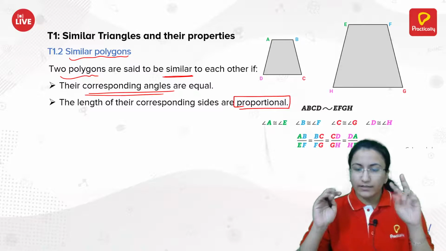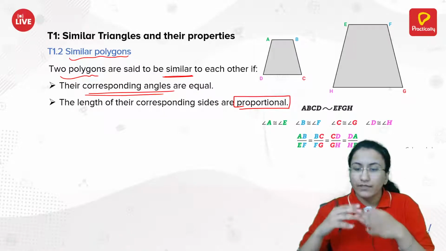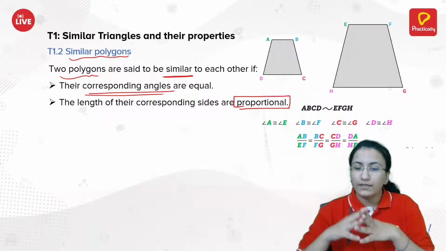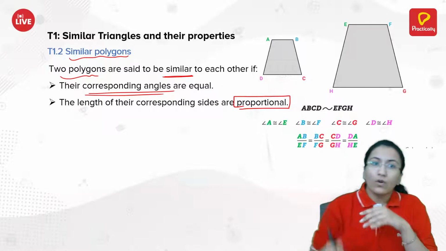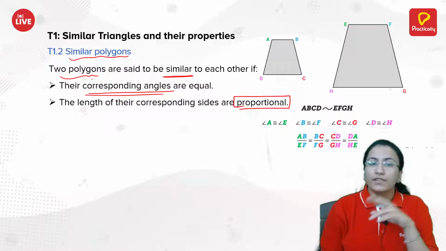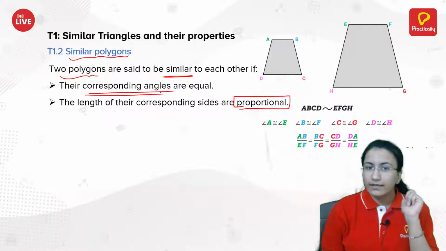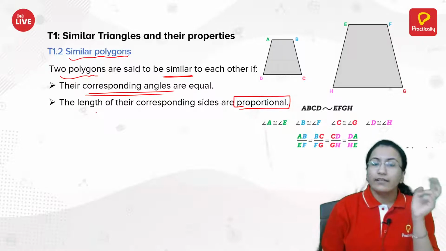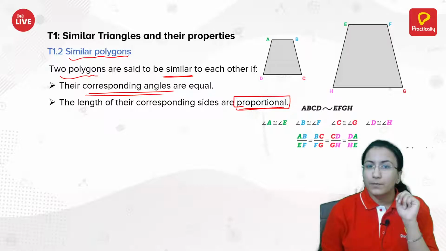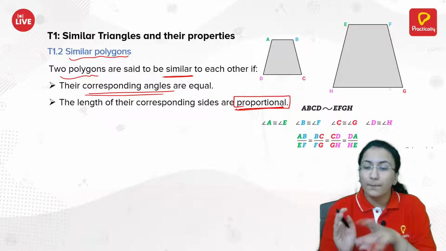Take any two polygons, whether having 3, 4, 5, 6, any number of sides. All those polygons which have corresponding angles equal and the lengths of corresponding sides proportional are known as similar polygons.